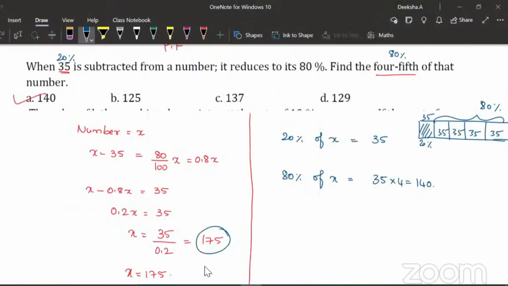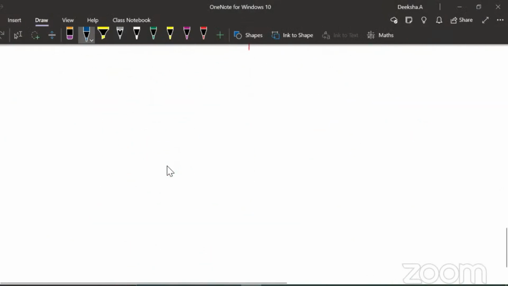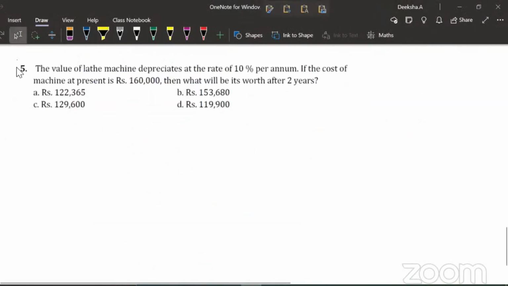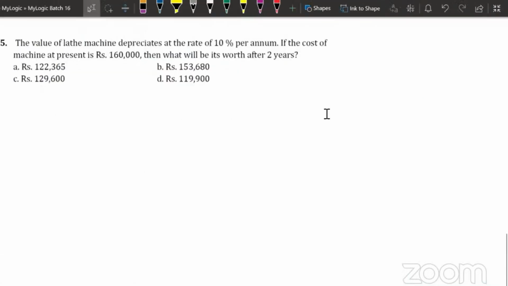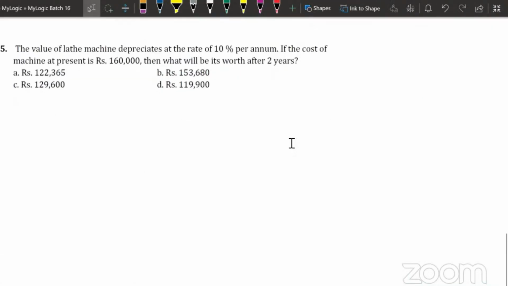Depreciating means it is reducing. So the value of a machine depreciates at the rate of 10% per annum. If the cost of the machine at present is 1,60,000, what will be the worth after 2 years?